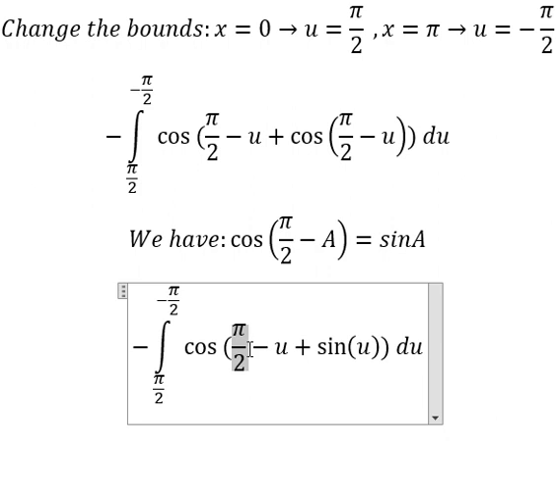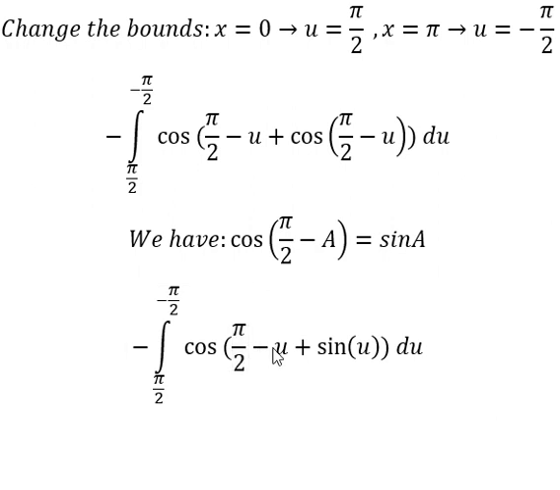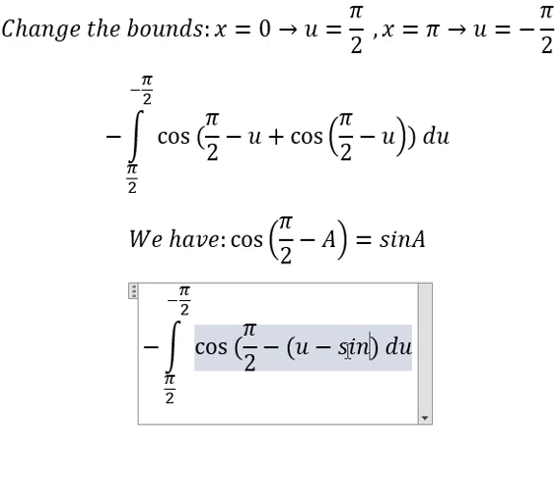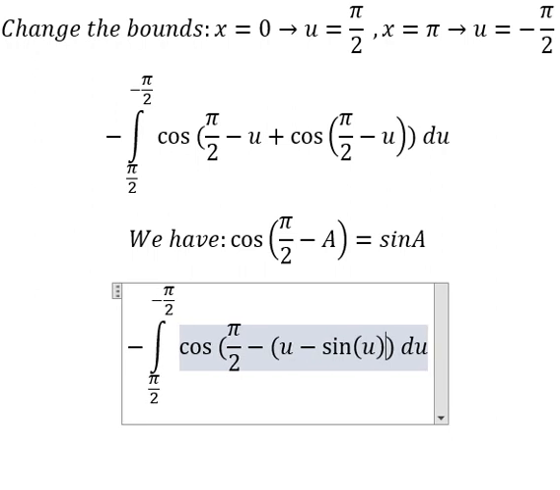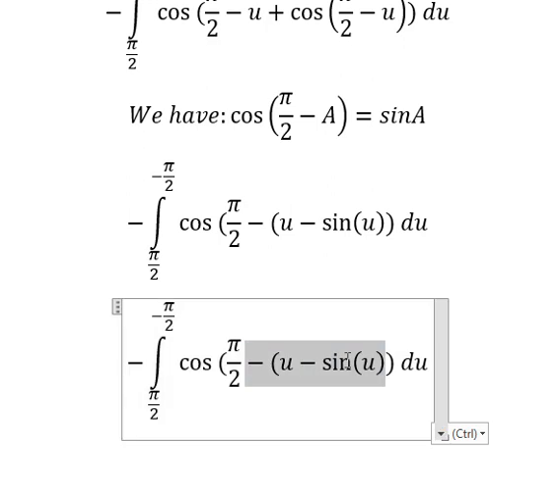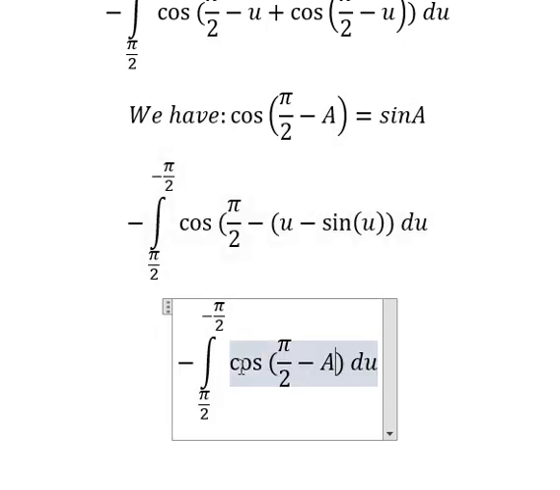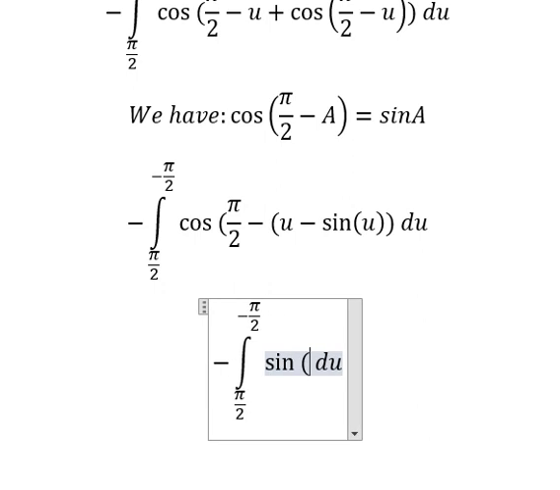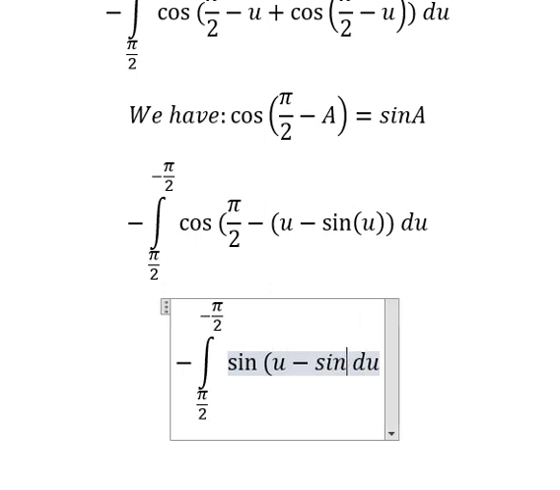So this one, we can put like this. We know that this one represents θ, so this one we need to transform into this one. And we have sine θ, or maybe we can put u minus sine u.